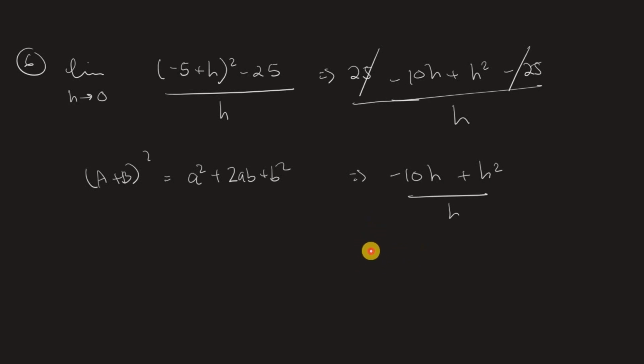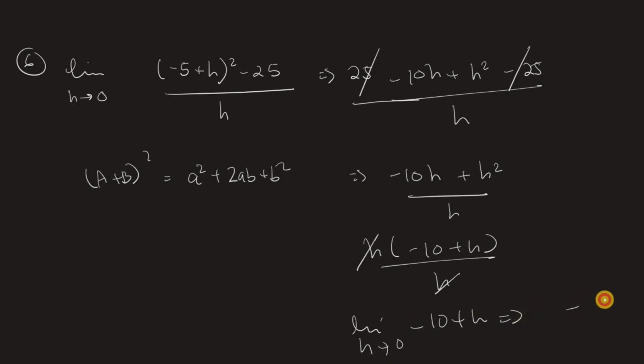So if we factor the h, then we get negative 10 plus h, and then divide by h. So we cancel this h and h, and we're going to be left with this one, which is equal to basically negative 10. Okay, so this is basically the answer.